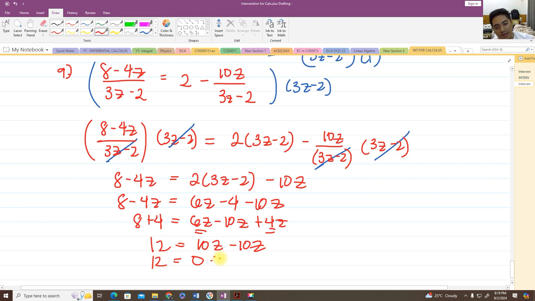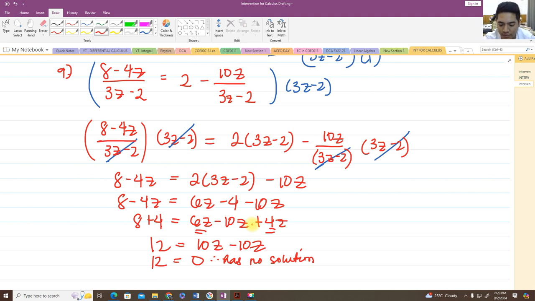So which means this has no solution. Okay? So basically, what we have here is no solution. Because the value of z that supposedly makes them equal becomes 0. And 0 is not equal to 12. So basically, it has no solution.